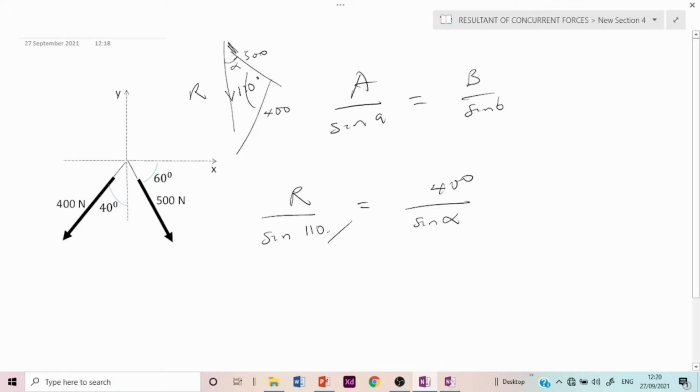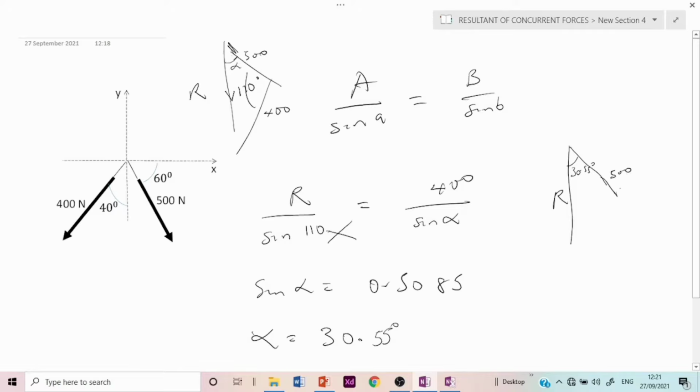If you cross multiply, you can quickly discover that sine alpha is equal to 0.5085, and alpha will be equal to 30.55 degrees. That is to say, our resultant is making an angle alpha, which is 30.55 degrees, with the 500 Newton force.